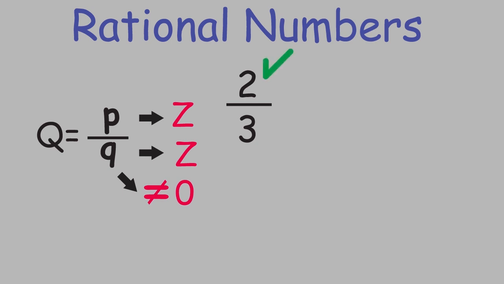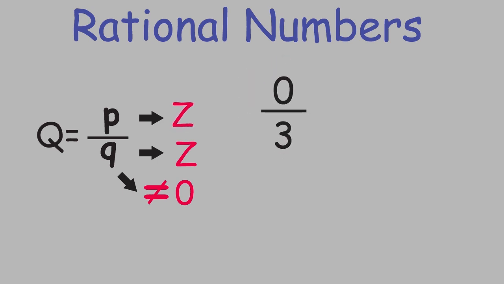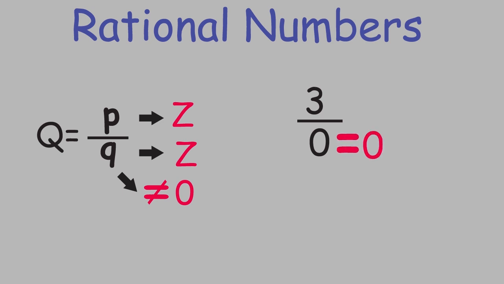If I take the example 0 by 3 here, 0 is an integer, 3 is an integer, and 3 is not equal to 0. Yes, this is also a rational number. If I take the example 3 by 0 here, 3 is an integer, 0 is an integer, but the denominator is equal to 0.